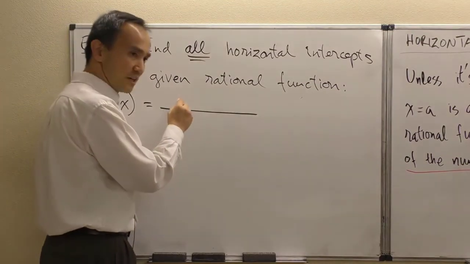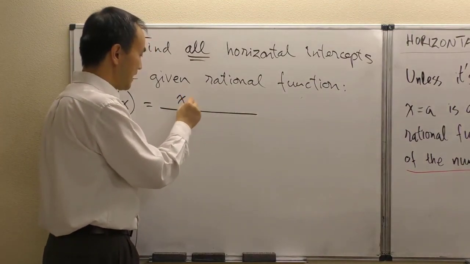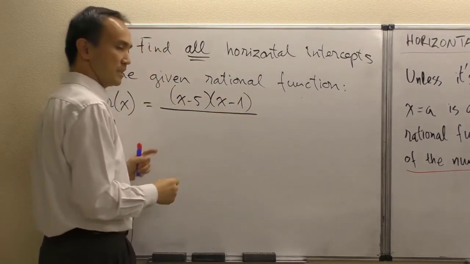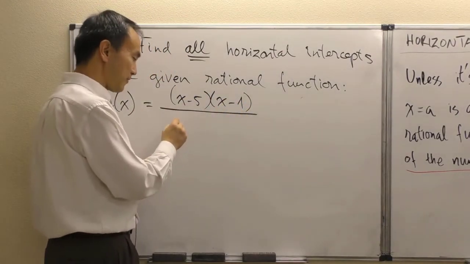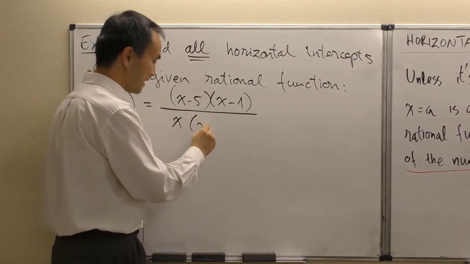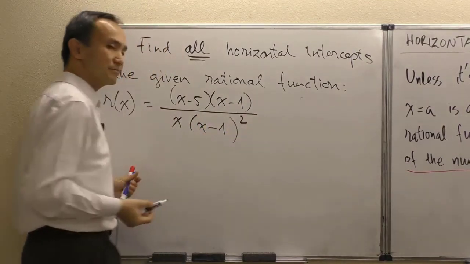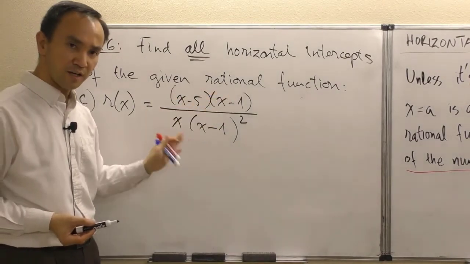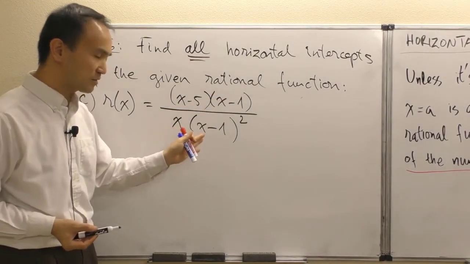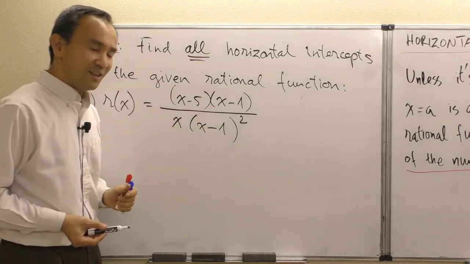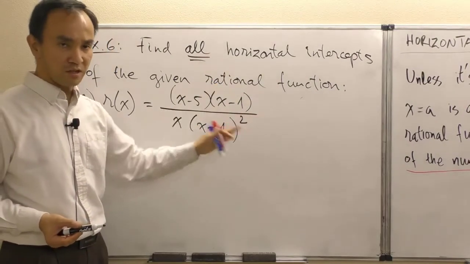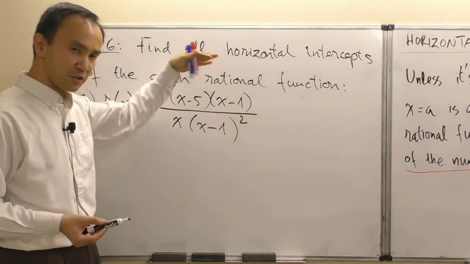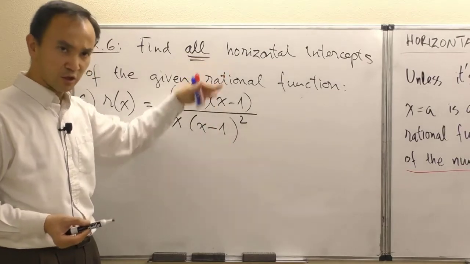So x minus 5 times x minus 1, and then in the denominator we have x times x minus 1 all squared. So we don't need to spend our efforts finding the factor form of numerator and denominator because it's already given.